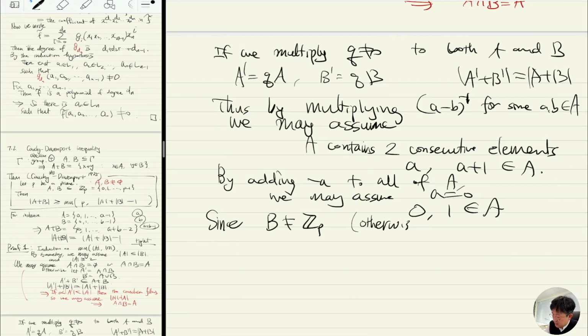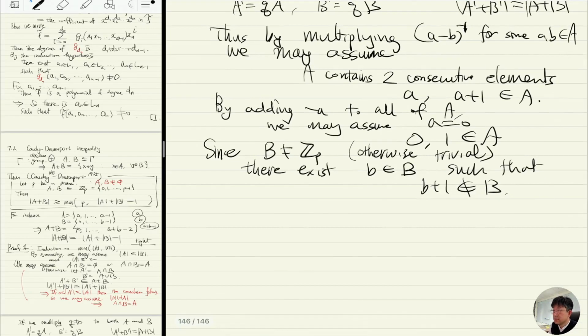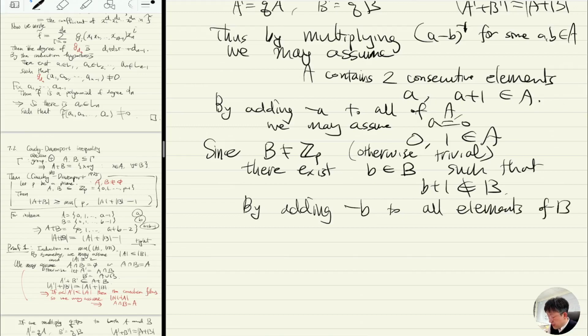Otherwise, trivial. So there exists b in B such that b plus 1 is not in B. And by adding minus b to all elements of B, we may assume 0 is in B and 1 is not in B. Right?